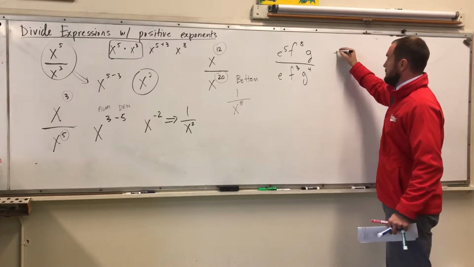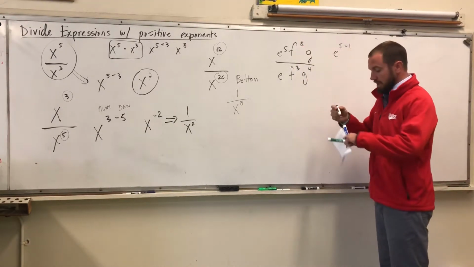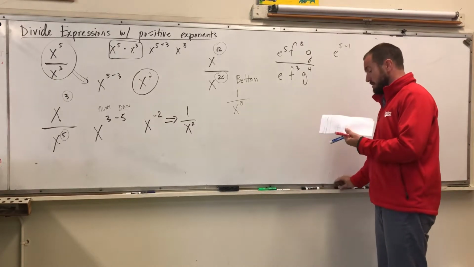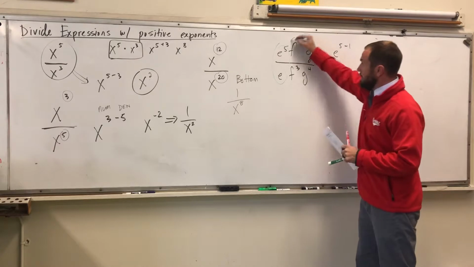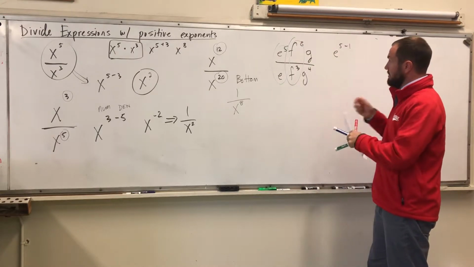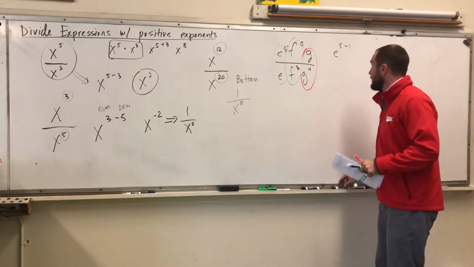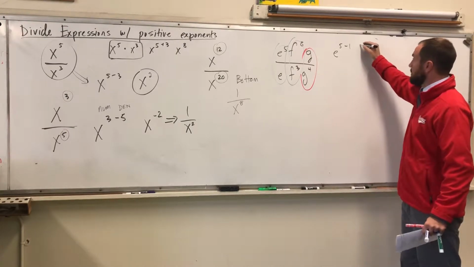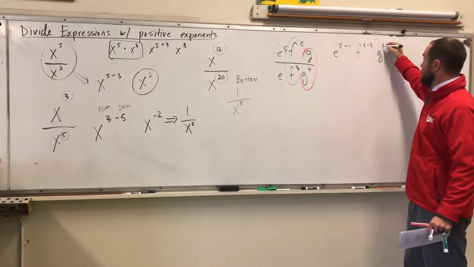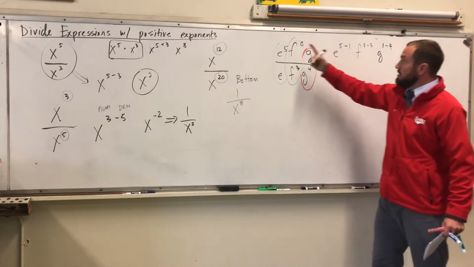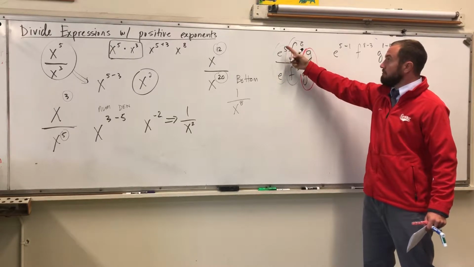We're evaluating this like E, 5 minus 1, because we're looking at the E separately, from the F separately, from the G. And you're looking at E, 5 minus 1, F, 8 minus 3, G, 1 minus 4. Again, subtracting the denominator from the numerator.